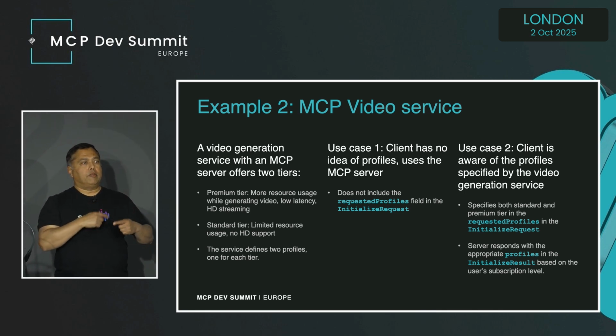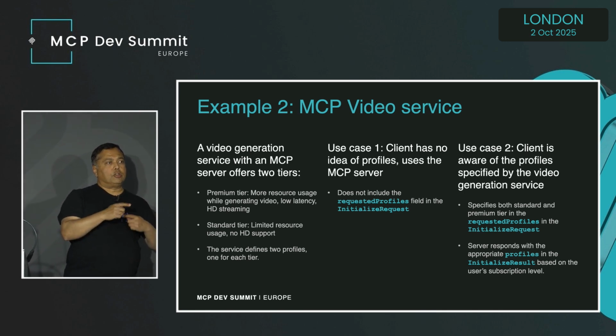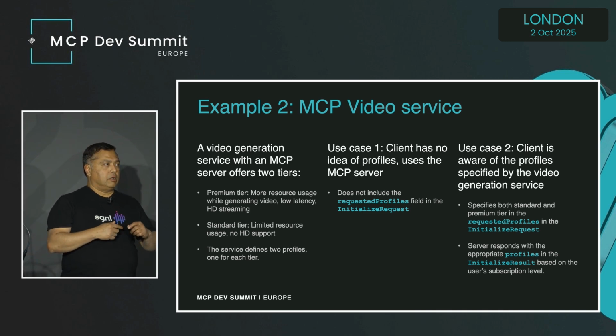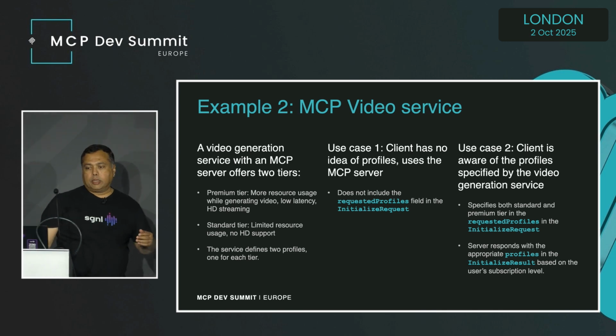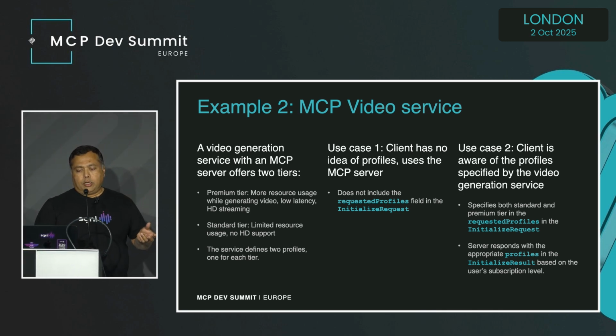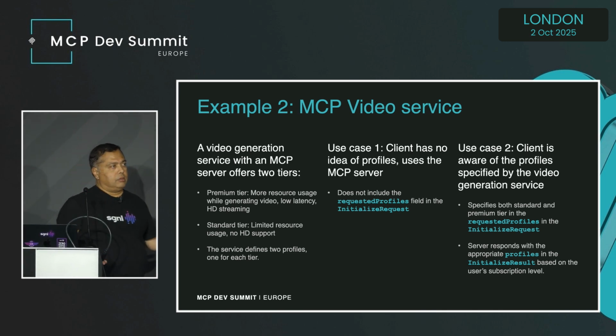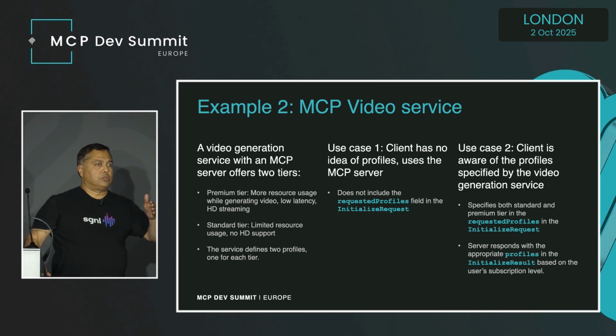And the LLM might have to change its behavior based on what kind of tier it's going to use, right? So it might be more chatty with the service if it's a premium tier, but it might be less chatty with the service, knowing that it's going to be throttled and it's going to cost more money or things like that, right? And so what it can do is, when the initialize request goes to the video service, based on the user authentication, it can decide that this is either a standard tier or a premium tier, right?